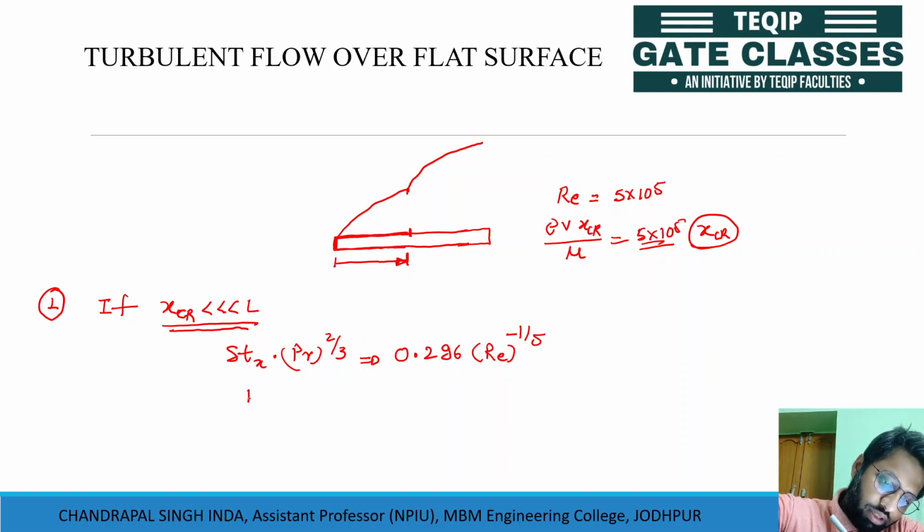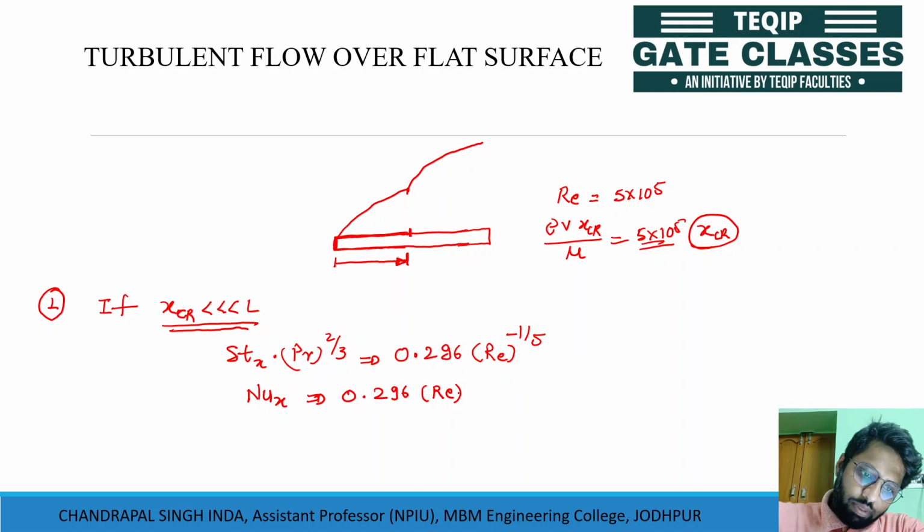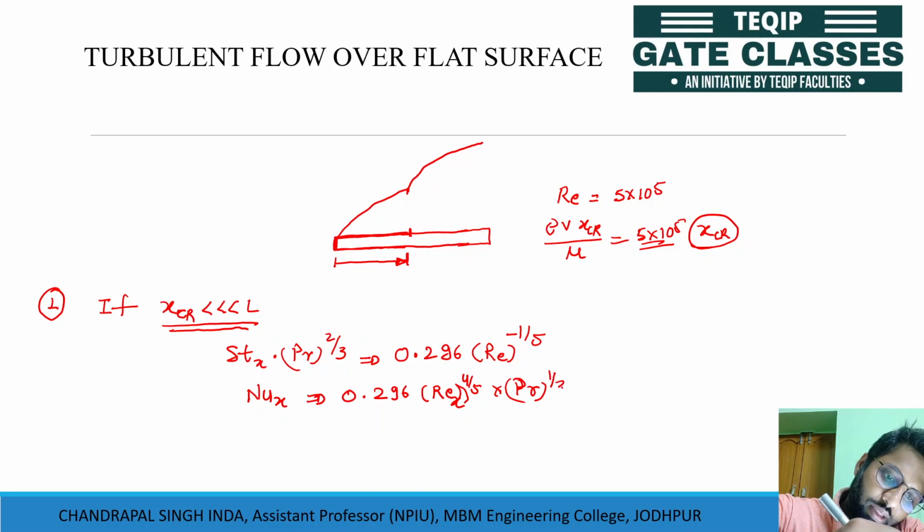This will give us that the local Nusselt number is equal to 0.296 local Reynolds number power 4 by 5 into Prandtl number power 1 by 3.